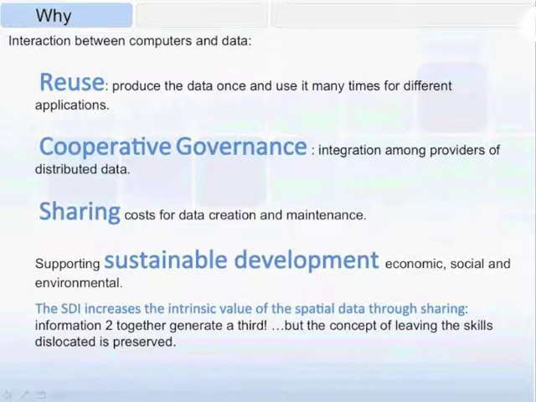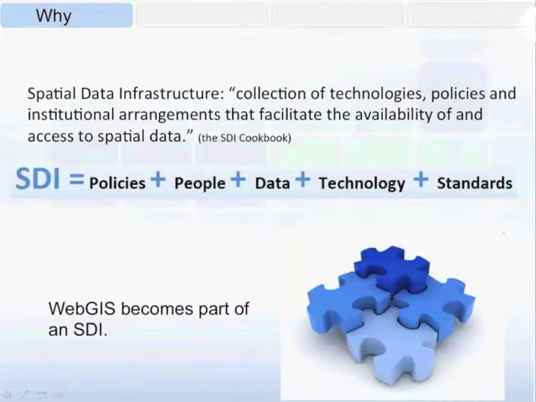So the spatial data infrastructure increases the intrinsic value of the spatial data through sharing. Two information combined together generate a third one, even if the skills, the competencies needed to generate and maintain these spatial data can be still distributed in the network and in the different offices and administrations.